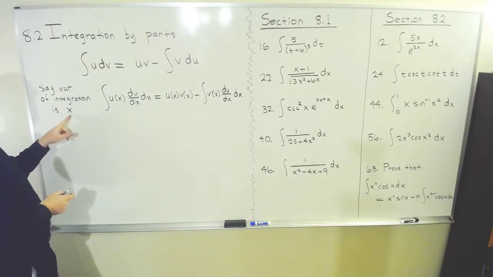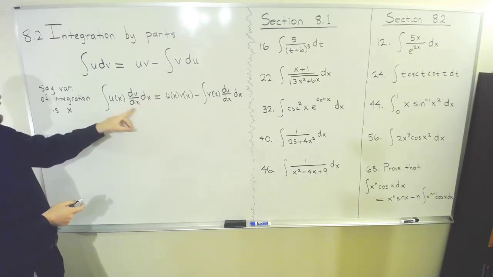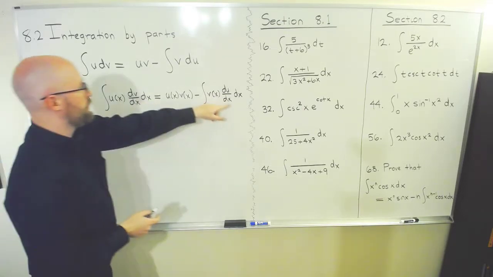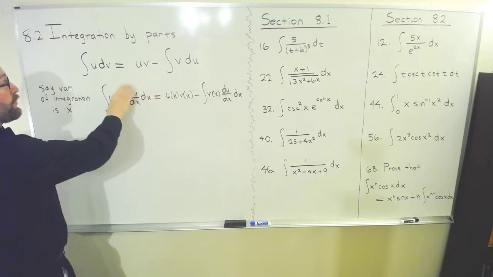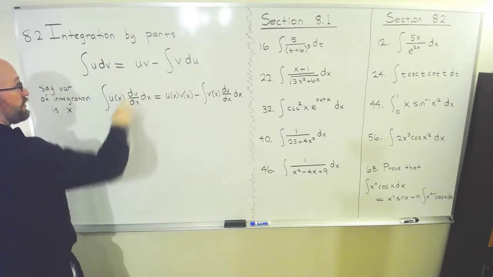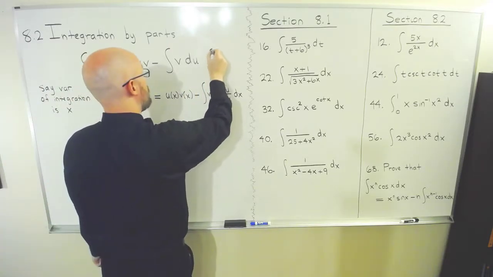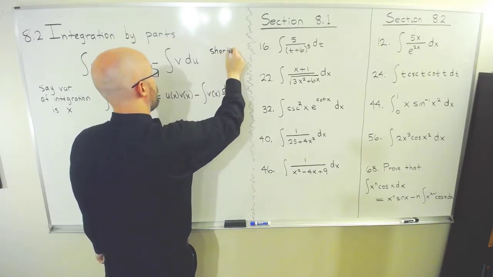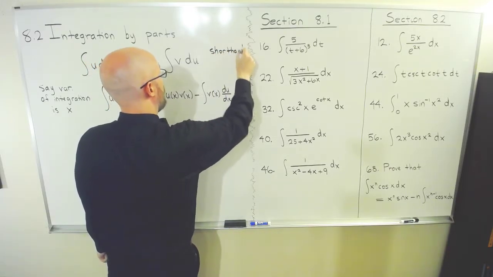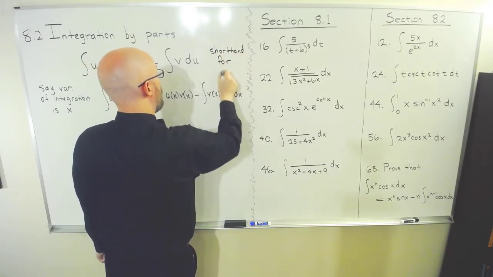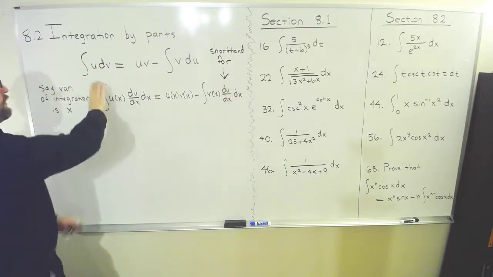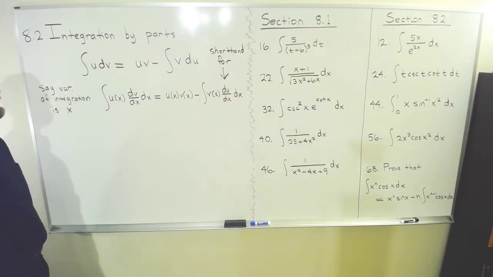And of course, if the variable of integration was t, then I would just be putting in t for all the places where the x is. So this is what this really means. This formula here is just shorthand for that expression here.